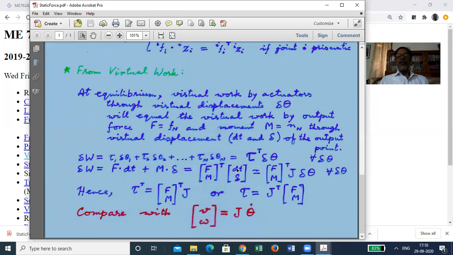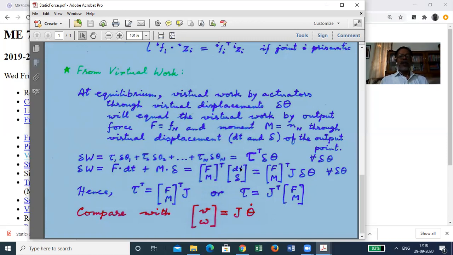And now you see that this little virtual displacement, linear displacement and angular displacement, is basically J times delta theta, which we have seen from the kinematics, and from this point onwards you start seeing the statics velocity kinematics linkage.